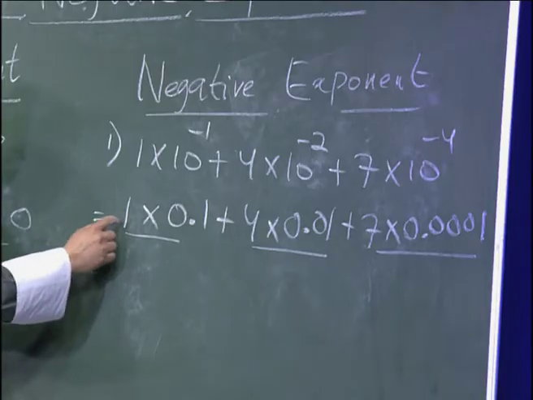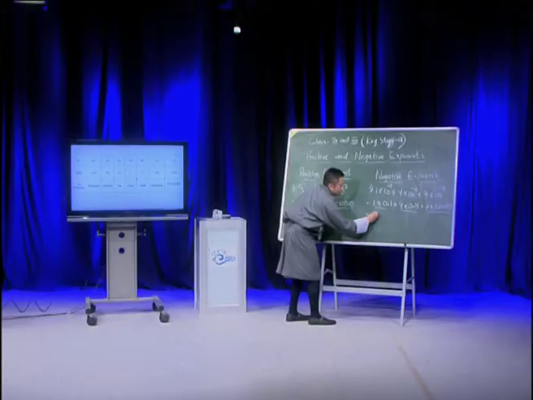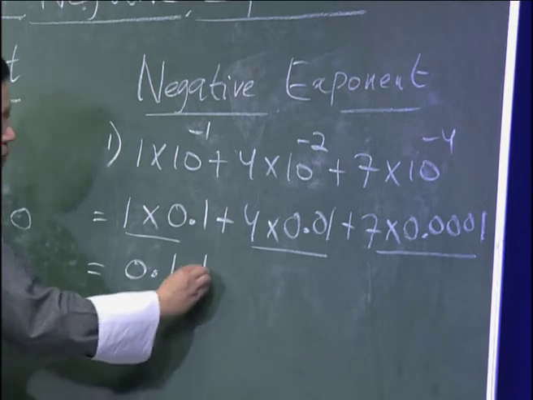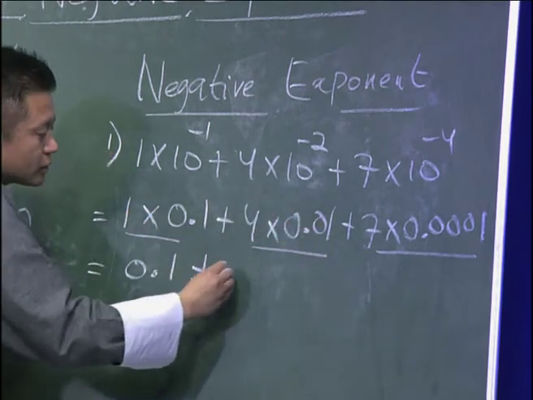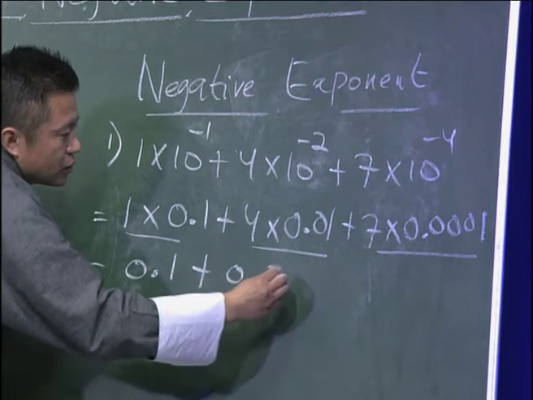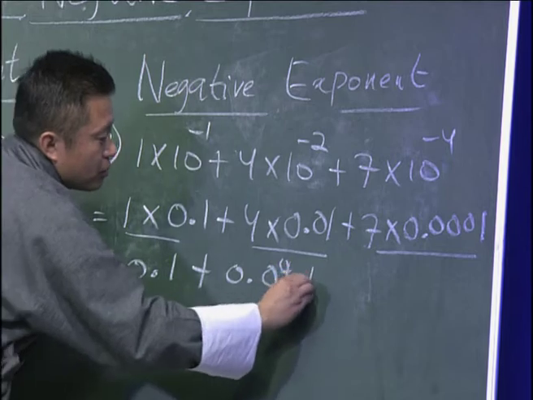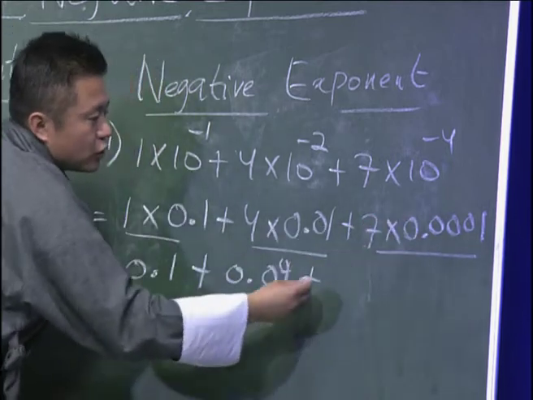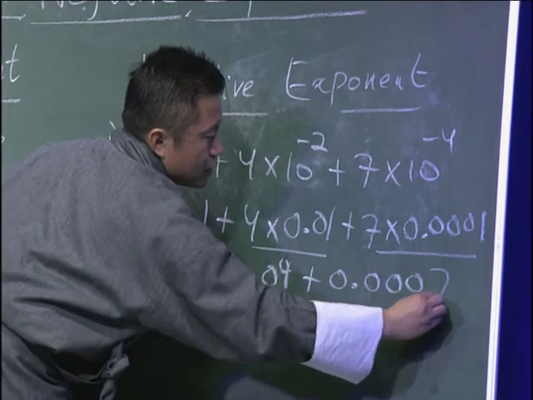You are multiplying 1 times 10th, so 1/10 is 10th. So 1 plus 4 times 100th is 400th, which means 0.04, plus, when you multiply this one, you will be getting 0.0007.